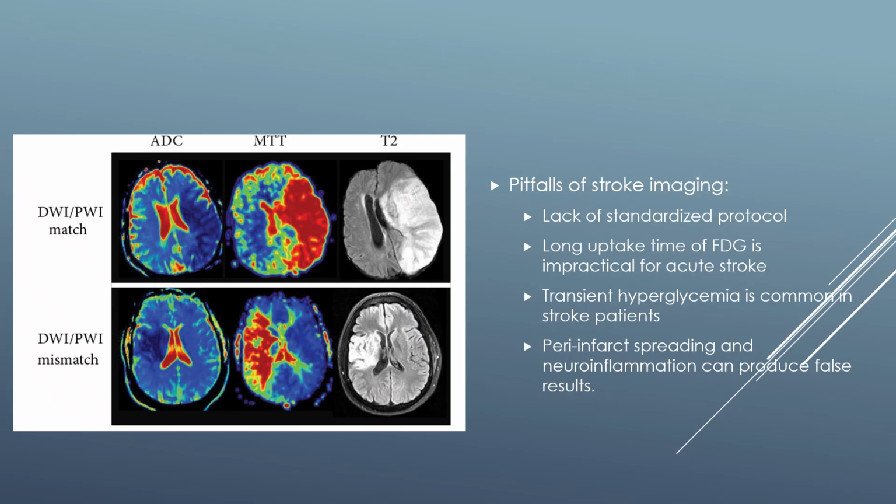So all of those things kind of work together to make it really difficult to get a good, accurate diagnosis with FDG for strokes. You will talk about SPECT imaging with technetium agents, and those end up being a lot better for stroke imaging.